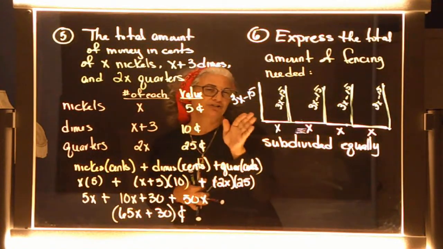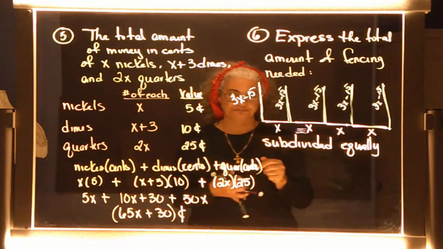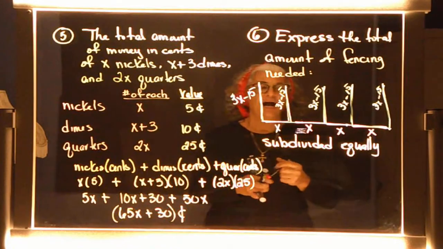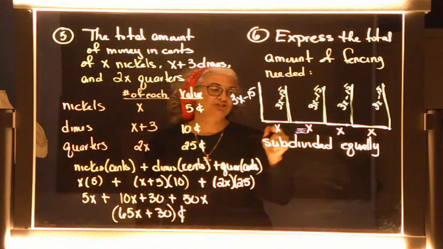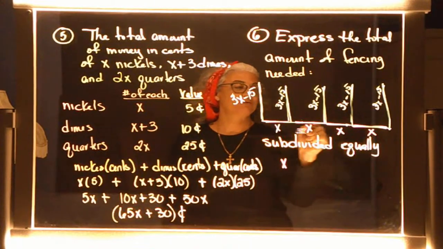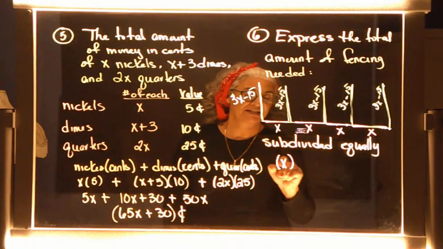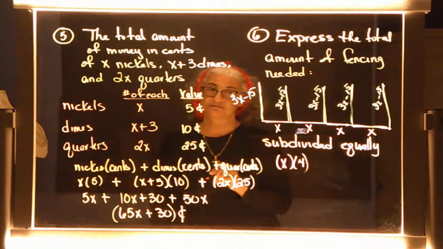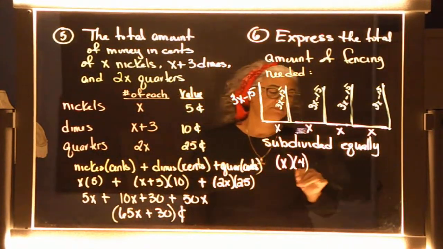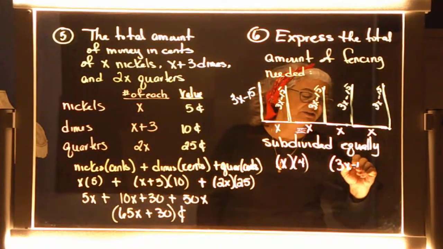But I'm going to show this addition problem a little bit differently to help us out. I have got one dimension of x, right? And how many of those dimensions do I have? Good, I've got 4 of them. So couldn't I take x and multiply by 4? Okay. And then I've got this other dimension of 3x minus 15.